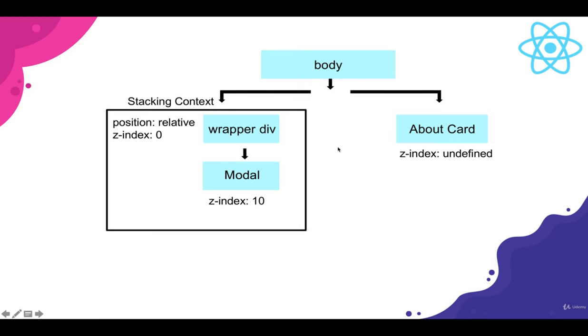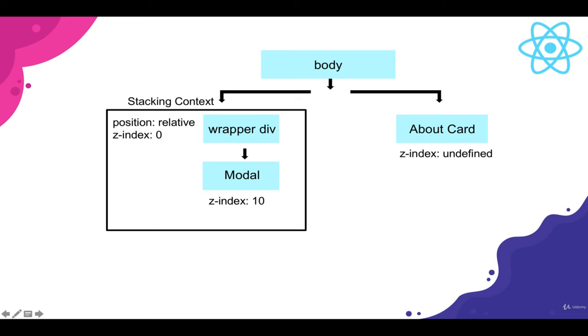Ouch. So in our case, it's the About card with a z-index of undefined against the wrapper element with a z-index of 0. And in this particular case, the About card effectively wins. You can see that the indexes are about the same, but the About card element occurs later. So then the About card is written out.